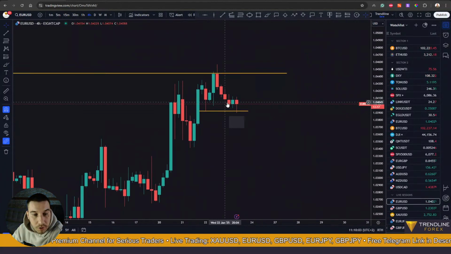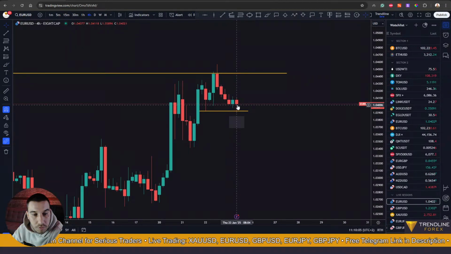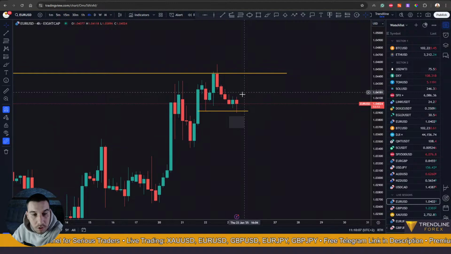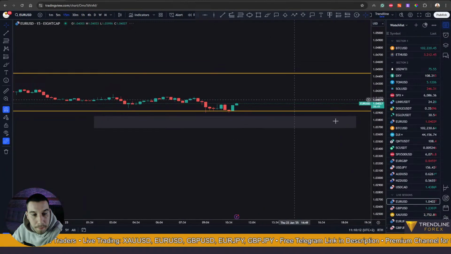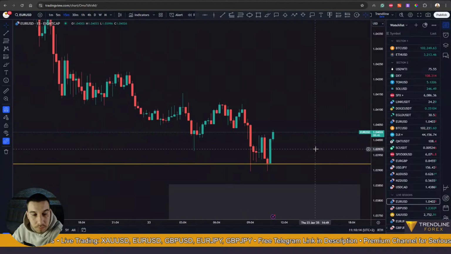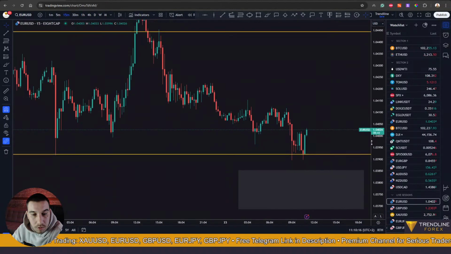The 4 hour chart is kind of looking alright, setting up for another bullish move, but let's see.